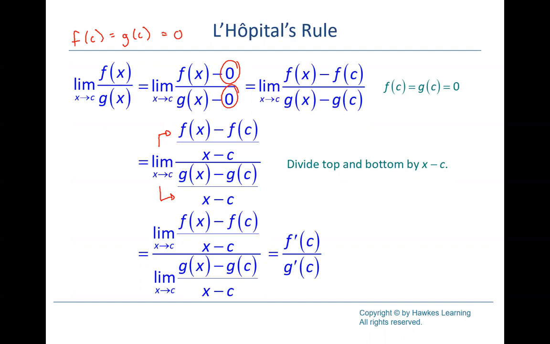This really gets to the heart of L'Hopital's rule. Through this algebra that we've done here, we're able to rewrite our indeterminate form limit into a relationship involving the derivative, provided, of course, that both of these derivatives exist.